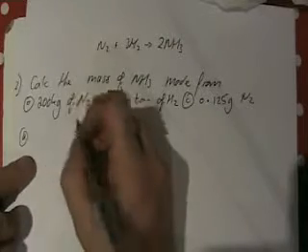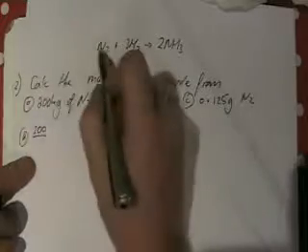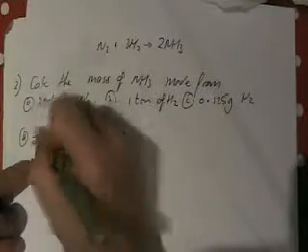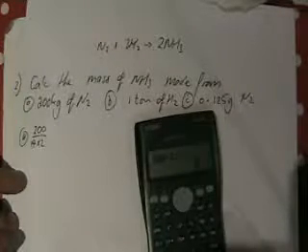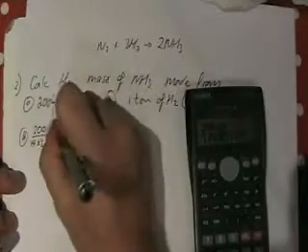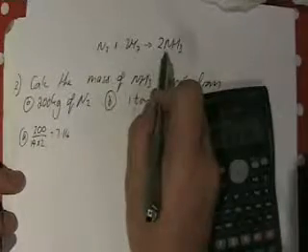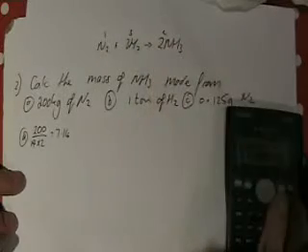We're starting off with 200 kilograms of nitrogen. Remember it's N2, so it's 14 times 2, which is 28. So 200 divided by 28 is 7.14, so we have 7.14 moles of nitrogen. Remember we needed 1, 3 and 2.